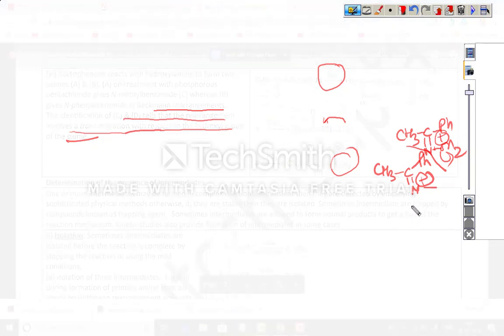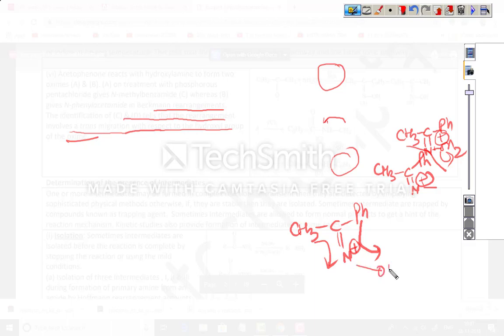Now what can happen is this CH3 Ph C double bond N plus. This can migrate over here and this can migrate over here. So OH was over here. If this migration takes place, then we call it trans, and if this, then it becomes cis.